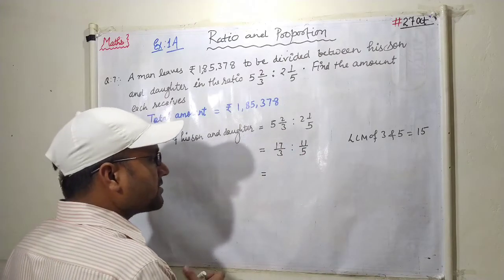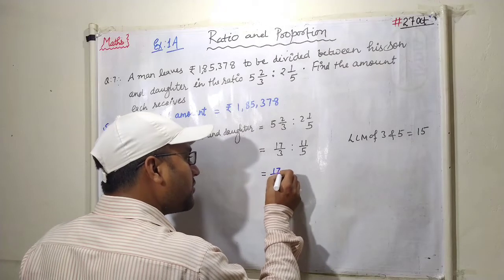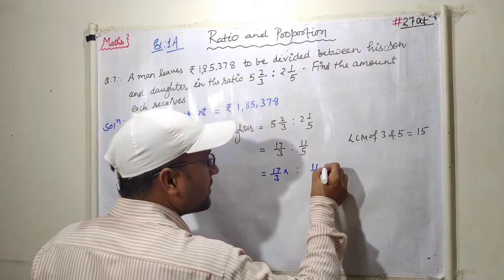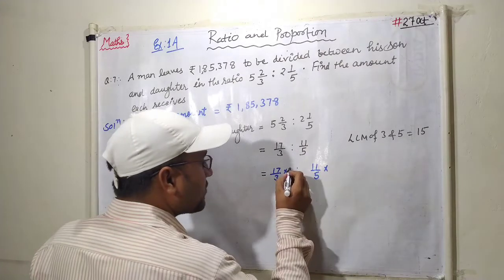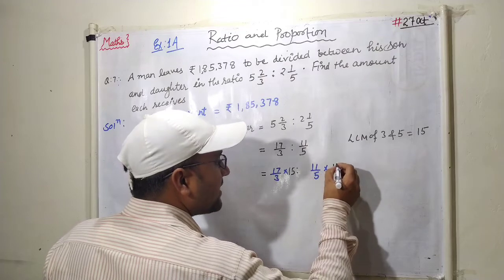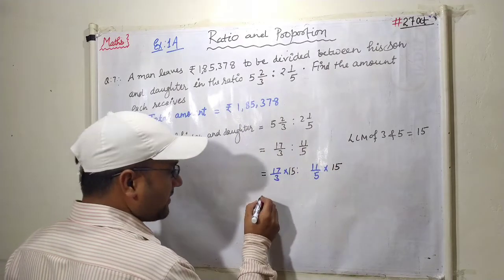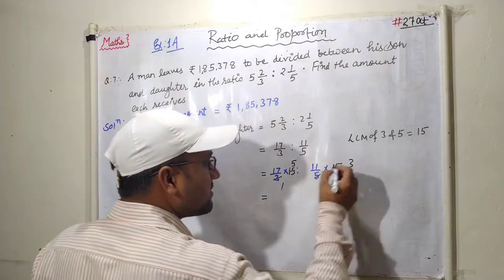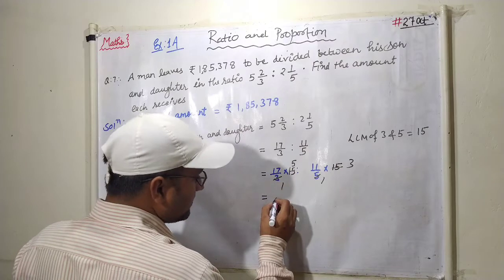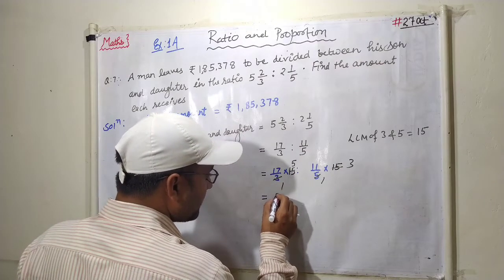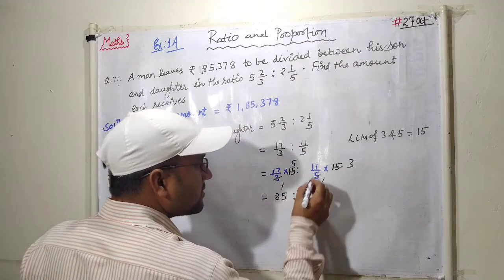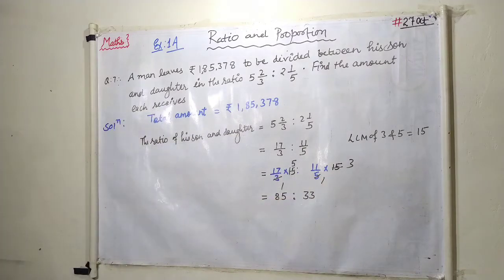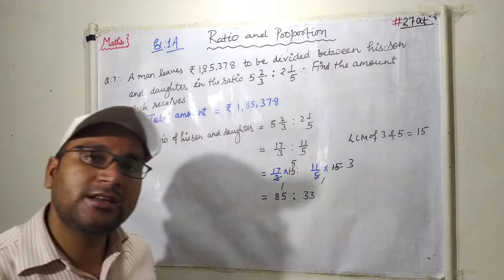So 17 upon 3 multiplied by 15, and 11 upon 5 is also multiplied by 15. 3 ones are 3, 3 fives are 15, 5 ones are 5, 5 threes are 15. 17 fives are 85, and 11 threes are 33. So if you change it into whole numbers, you will get the ratio 85 to 33.